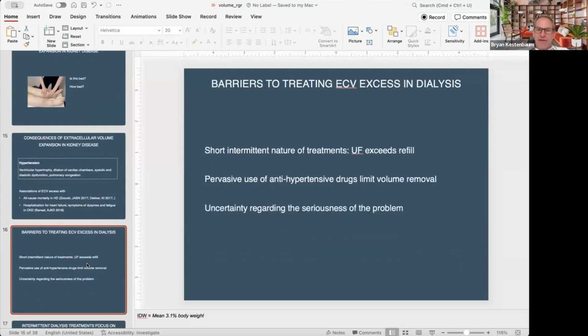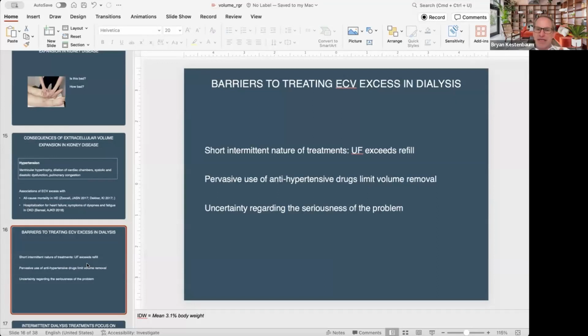So why don't we just take all this volume off? What's the problem? If ECV excess is bad and we have a machine to take it off, why don't we just take it off? And there are still major barriers. Dialysis treatments are by nature short and intermittent, and the rate of ultrafiltration during these treatments typically exceeds the refill rate.